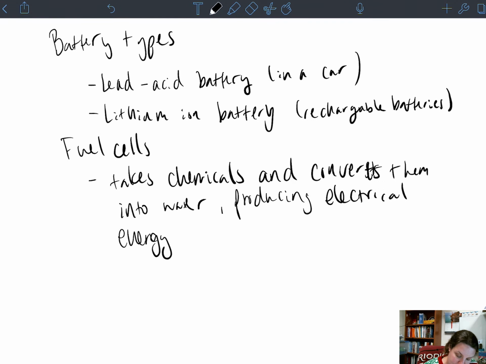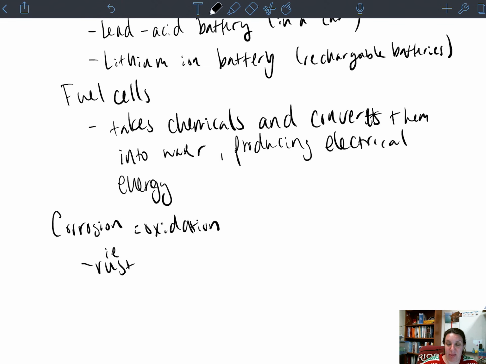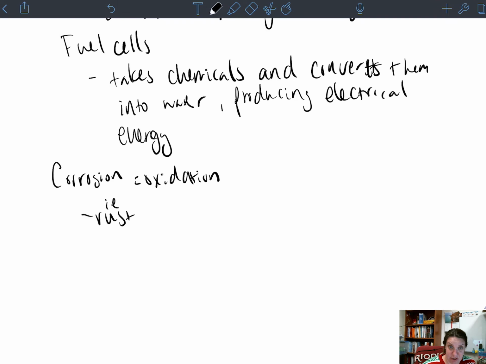And we're going to talk about the idea of corrosion. Corrosion is oxidation. Rust is a form of corrosion. A lot of times things are used in order to prevent rust or oxidation from occurring.